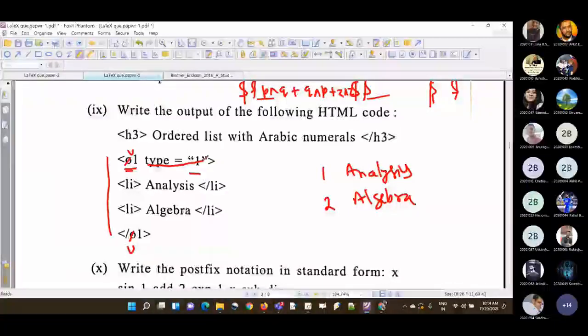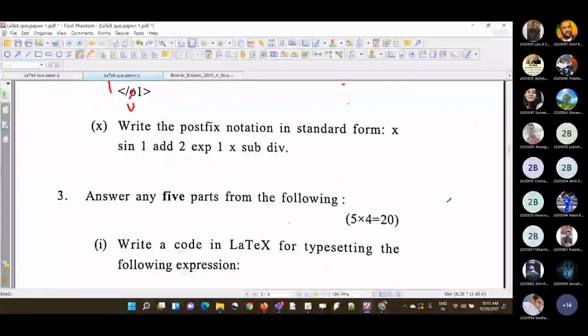So the 10th part. This is postfix notation. In this, we first write the expression, followed by the operations. They are writing sine and 1. I don't know why they have written that; better they would have written something else.